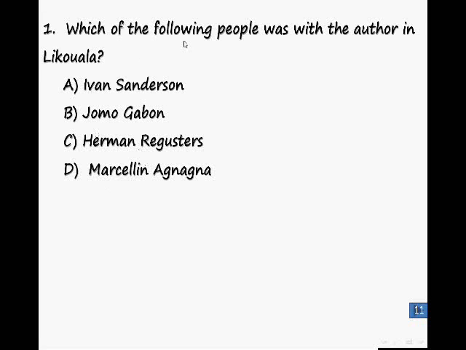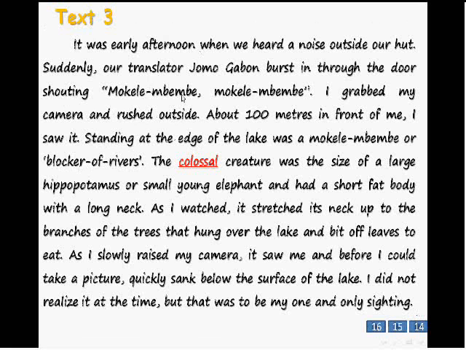So again, in order to very easily answer such a question, you go to the text and, as you can see, because we are looking for names, you go back to the text and try to look for names, okay? So we have here the first name, of course, very easy to know the names because they are written all in capital letters.